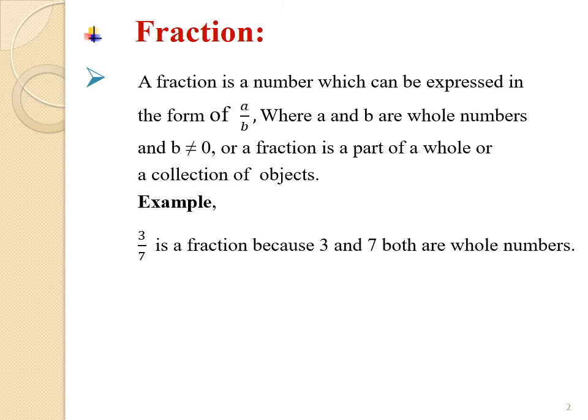A fraction whose denominator is a whole number other than 10, 100, 1000, 10,000, lakh, etc., is called a vulgar fraction. Example, 4 upon 9, 3 upon 13, 9 upon 108, etc.